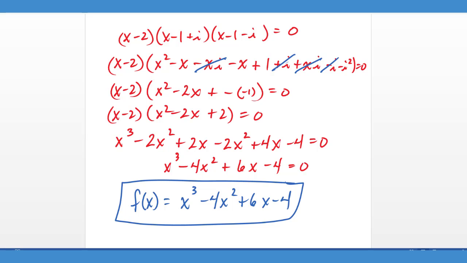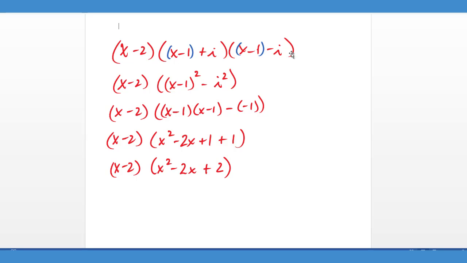Now, what I've done here is I want you to take a look at this. I'm going to show you a second method of this. So once we get to this part right here, I'm going to give you another option, and I want you to see this. If you'll notice, I put x minus 1 in parentheses, and since I have an x minus 1 term, this is an a plus b term, and this is an a minus b term.